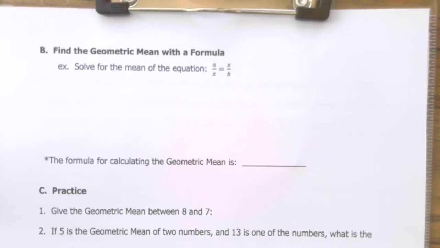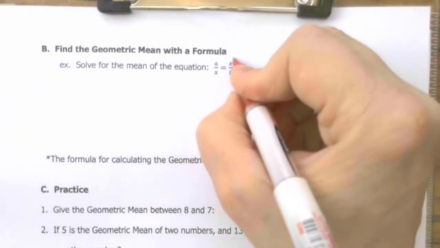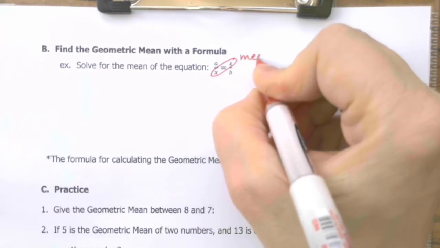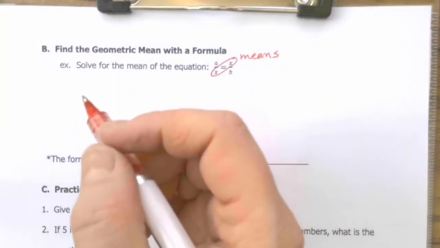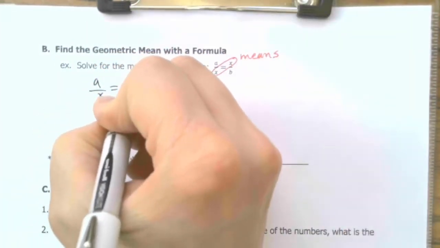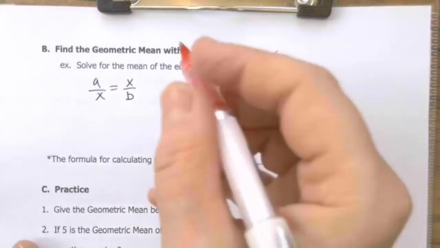Find the geometric mean with the formula. Okay, so I'm going to show you both ways. Remember that these are the means. So if we're going to solve for the mean, we're going to solve for x. So let's start there. A over x equals x over b. To solve this, we need a common denominator.